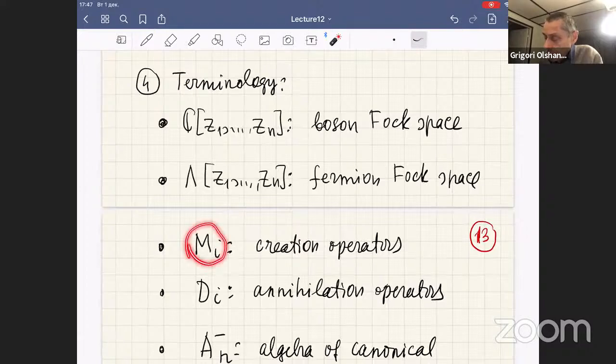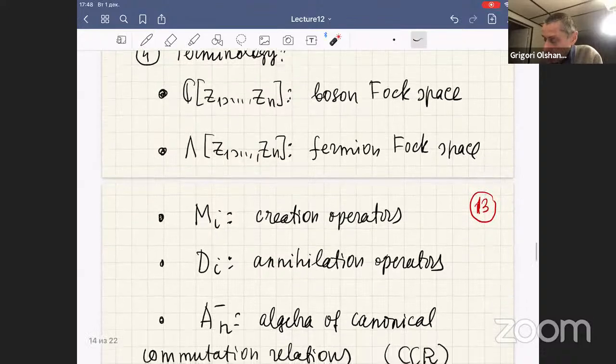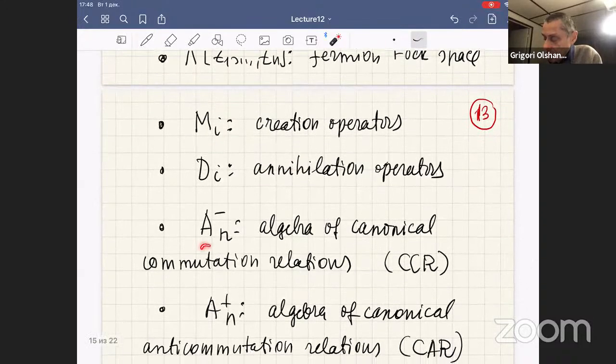And the M operators can be called creation operators, because application of M operators adds some extra letters. And after application of D operators, some letters are removed, are killed. So these are annihilation operators. And this algebra can be called the algebra of canonical commutation relations, CCR.